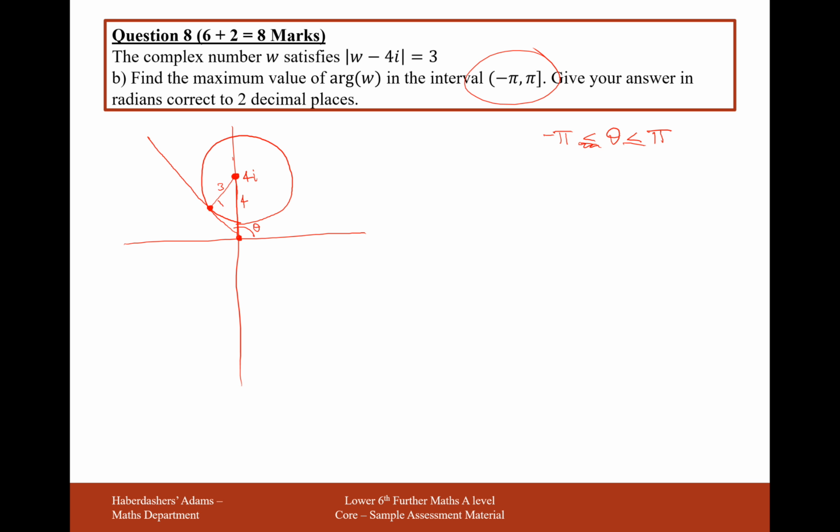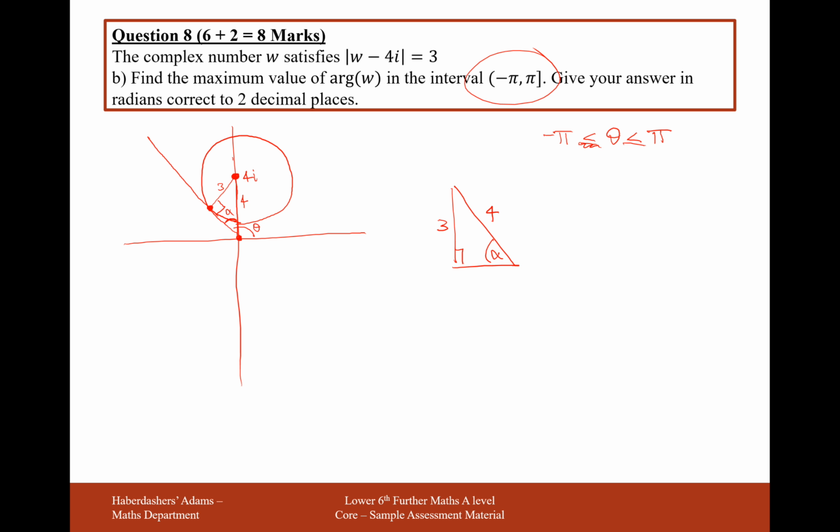And this part here and here is definitely going to be at a right angle because it's a tangent touching a circle. So what we effectively have here, let's redraw this, is a triangle with a height of 3, an angle that we would like to know potentially here, let's call it alpha, so down there, and a hypotenuse of 4.